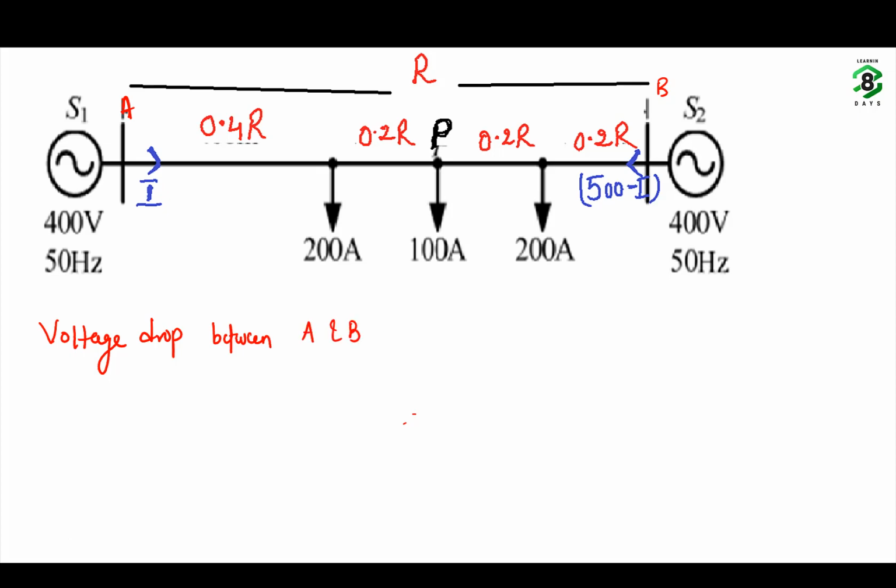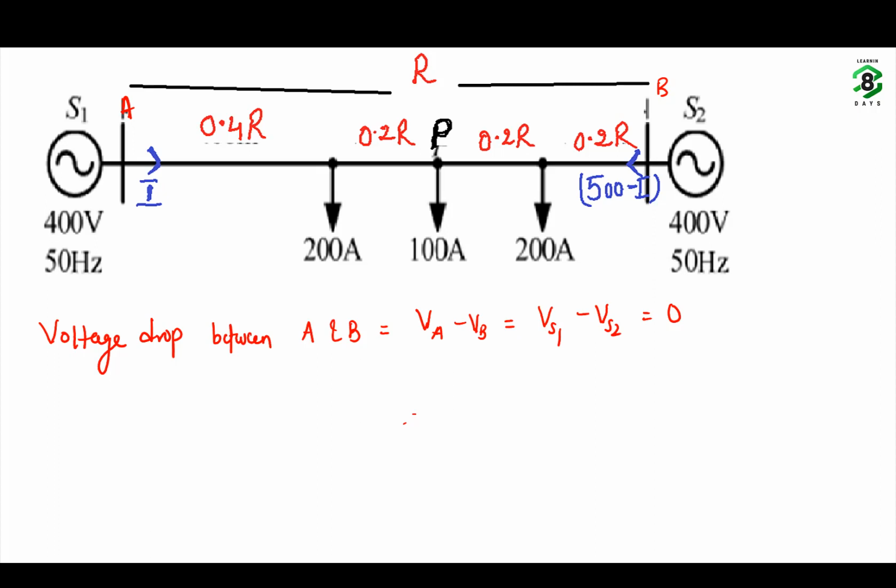Because both the voltages are 400 and both are in phase, this will become VA minus VB, that is equals to VS1 minus VS2, whose value is 0, because at both point A and point B the voltage is 400 volt and both the voltages are in phase. So the voltage drop in this distributor is 0.